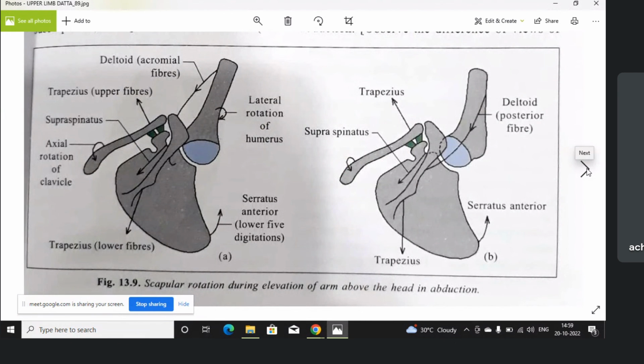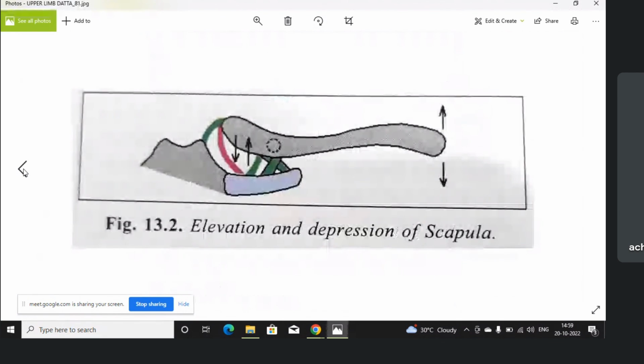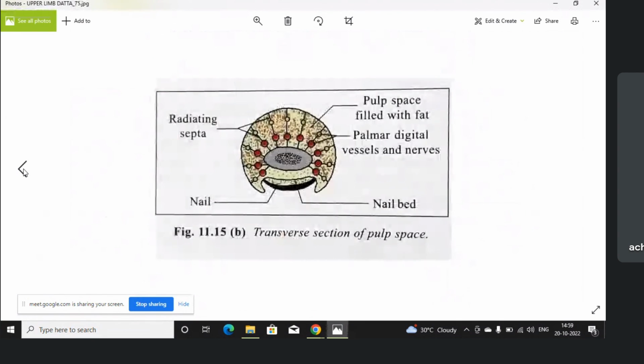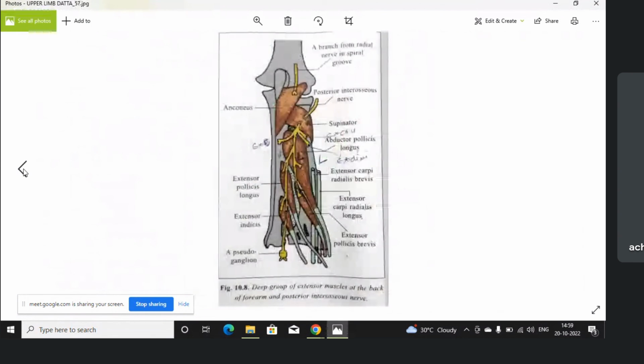Next, blood supply of the shoulder joint. Writing one line is enough for the blood supply.